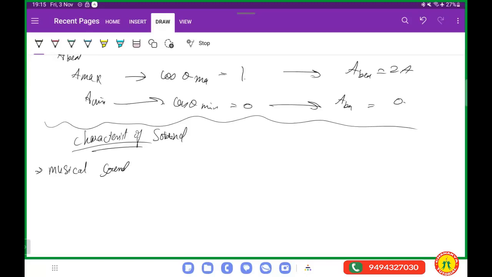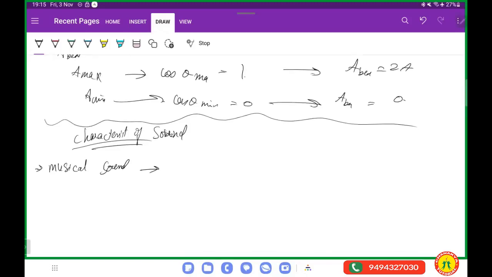So we have generalized: musical sound means regular and periodic compression and rarefaction, without sudden change in it.